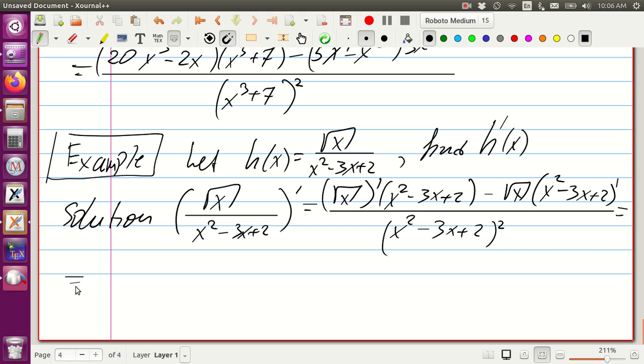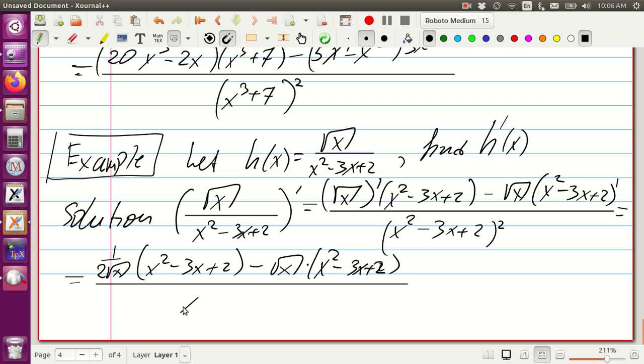And we start to calculate it. Derivative of square root of x, we know it's 1 over 2 square root of x times x squared minus 3x plus 2 minus square root of x times x squared minus 3x plus 2 divided by x squared minus 3x plus 2 quantity squared.